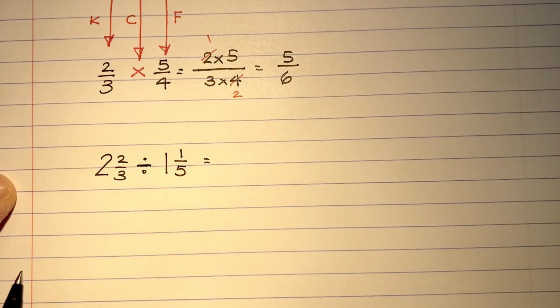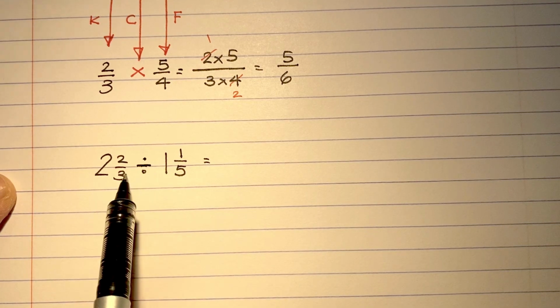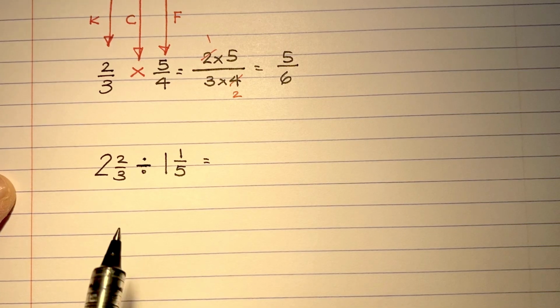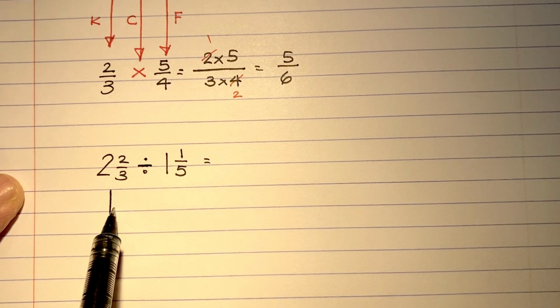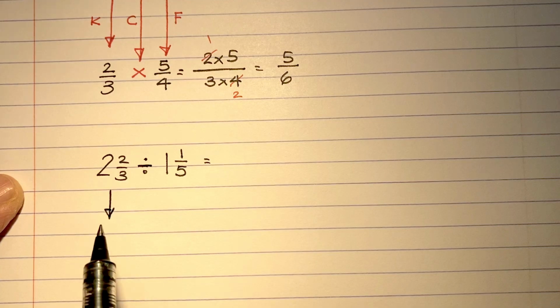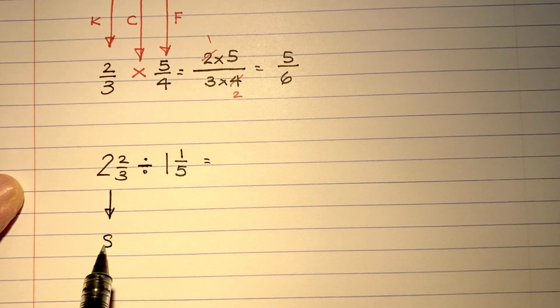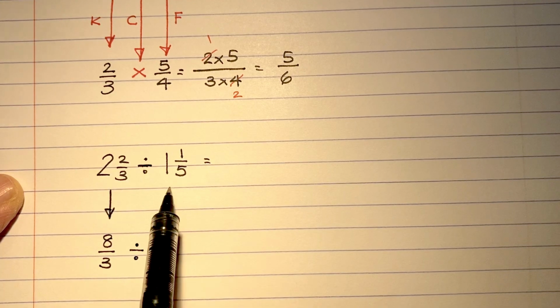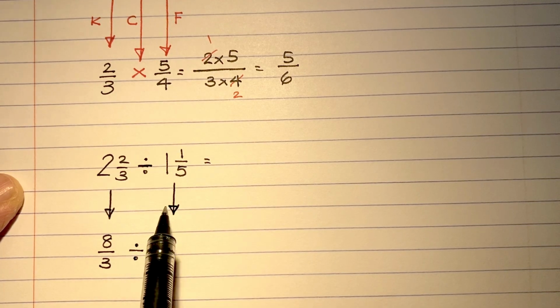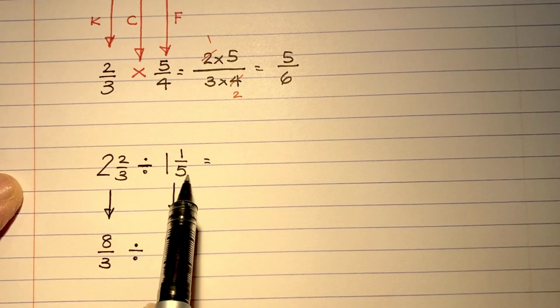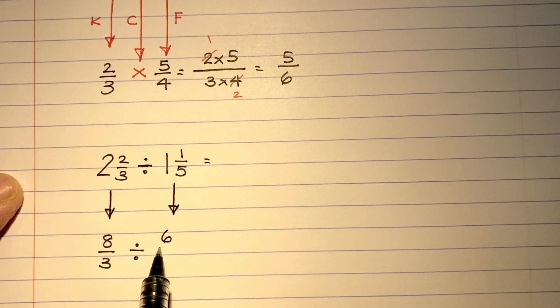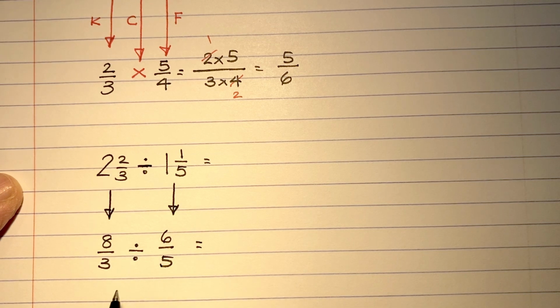Got to change to improper fractions, and also we need to change the divide, but in the right order. First, change them to improper. 2 times 3, 6, add 2, 8/3. Still divide. We are not ready to divide yet, because the second fraction isn't ready. 1 times 5, 5, add 1, 6/5. Now we are ready to divide. Keep.